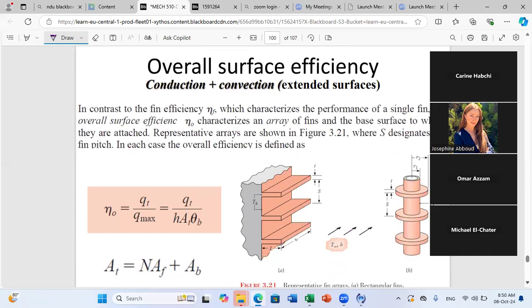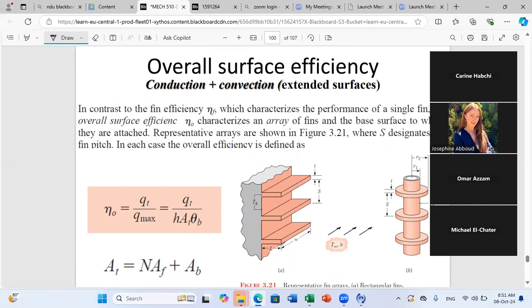Okay, now we have studied until now the case of having one fin. But sometimes, and in general, we don't have just one fin, we have several fins. And for this reason, we need to consider the overall picture, okay?